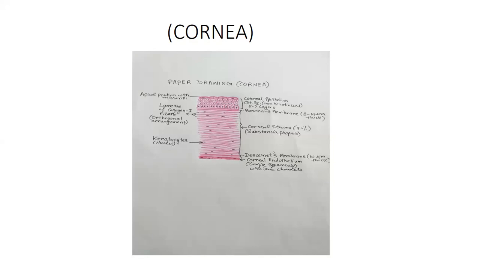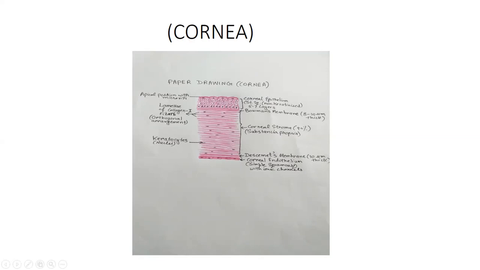These flattened nuclei are the nuclei of keratocytes or fibroblasts, and their fine protoplasmic processes are intermingled with the collagen fibers, and they are not visible here. Next, all these structures, keratocytes and collagen fibers, are embedded in the ground substance, that is the pink background here. And the fourth layer is Descemet's membrane.